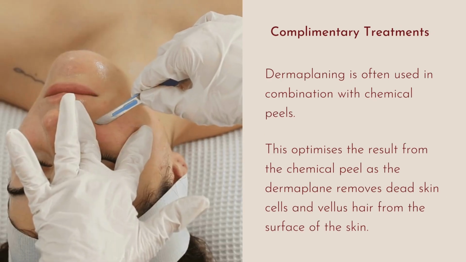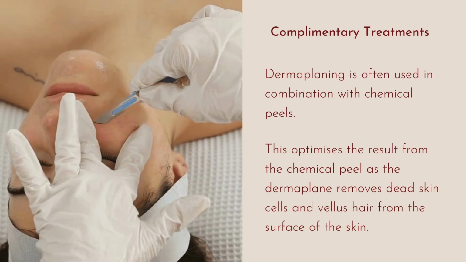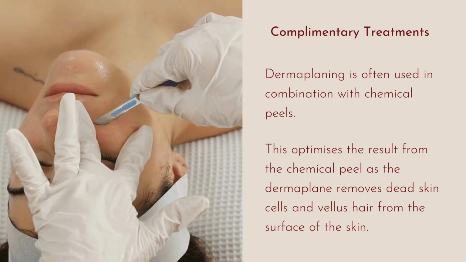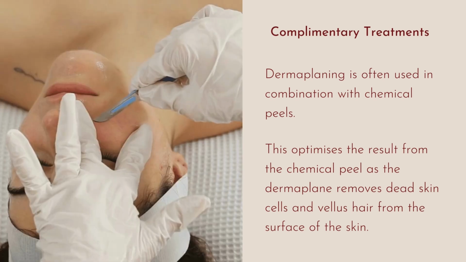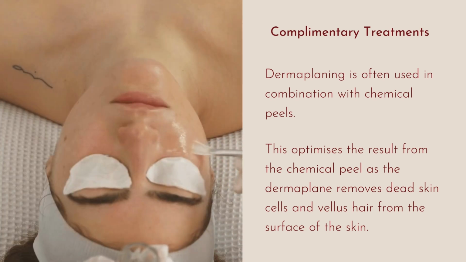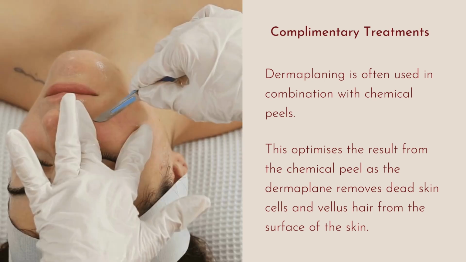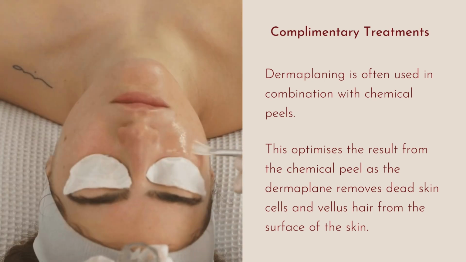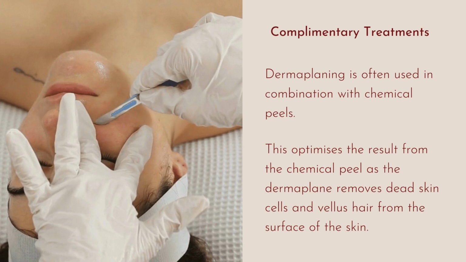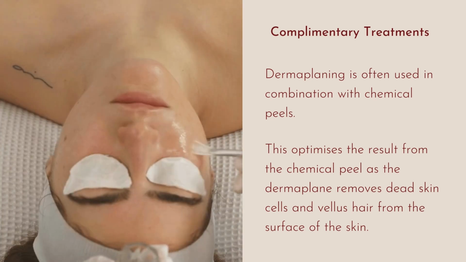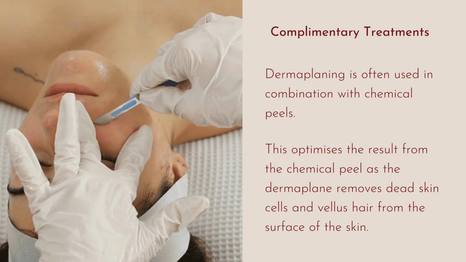Now, complementary treatments and what you could combine dermaplaning with, and this is what most practitioners actually do as well, very popular in the industry. One of the most popular things that you can combine dermaplaning with is a superficial chemical peel. Reason being, what dermaplaning does is it removes the dead skin cells as well as the hair. And why is it so great to combine with a chemical peel is because you've exfoliated the skin really nicely.